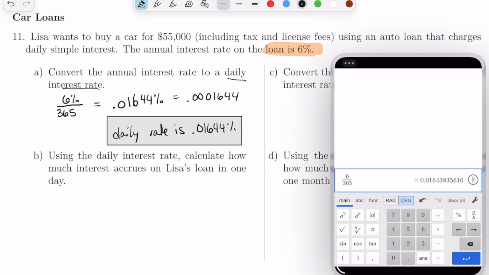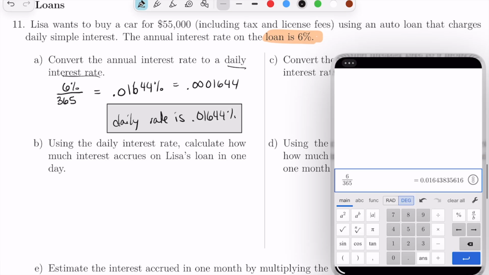Okay? Using the daily interest rate, calculate how much interest accrues on Lisa's loan in one day. So instead of taking 55,000 times that daily rate for one day, what I will do is use I equals PRT. 55,000 is our principal. Our rate I'm going to use as 0.06, that's the 6%, divided by 365.